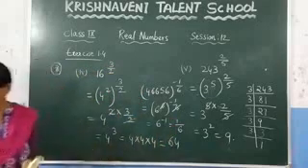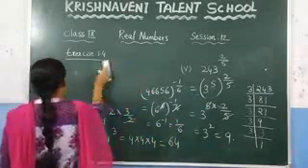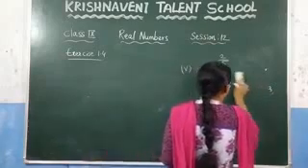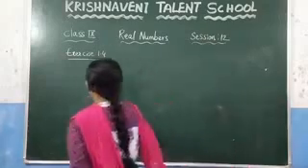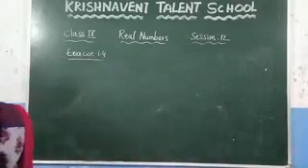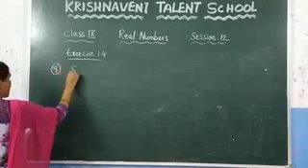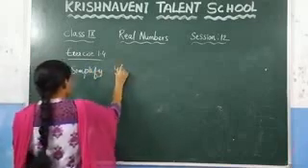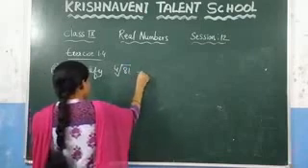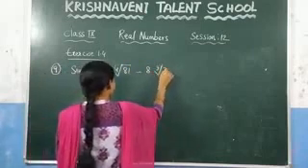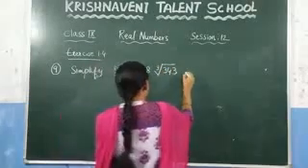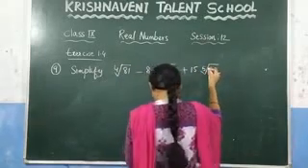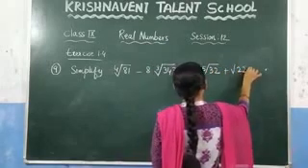Now see the 9th question. Simplify 4th root of 81 minus 8 into cube root of 343 plus 15 into fifth root of 32 plus square root of 225.